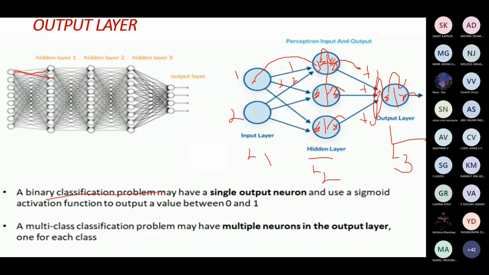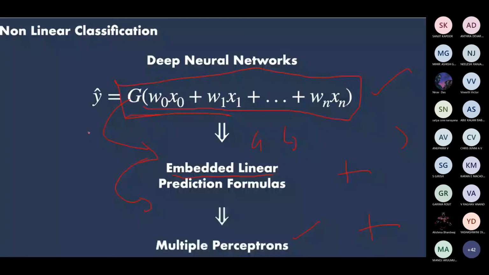And see here, there are multiple outputs coming. With this type of network you can go for multi-class classification.